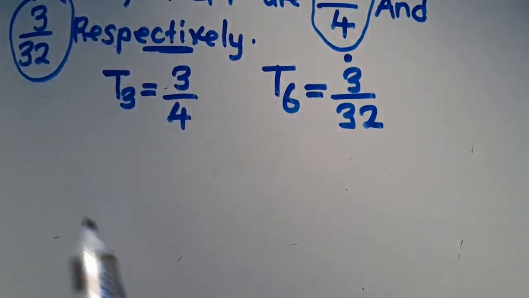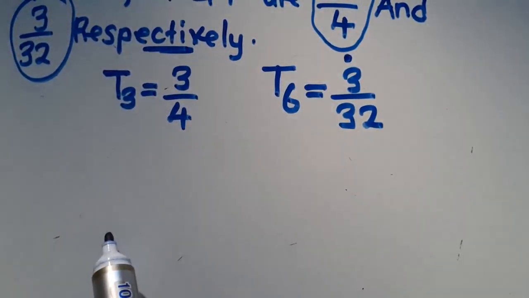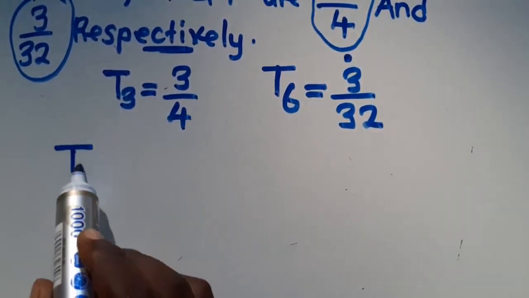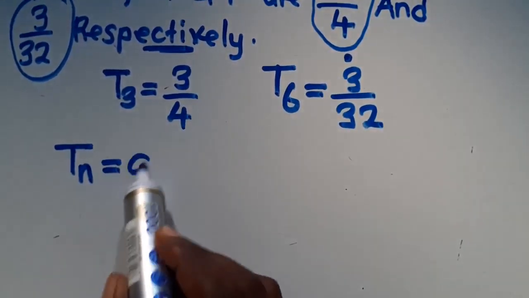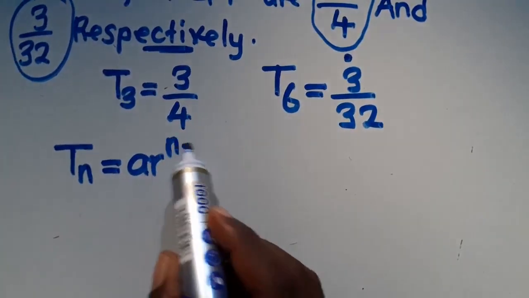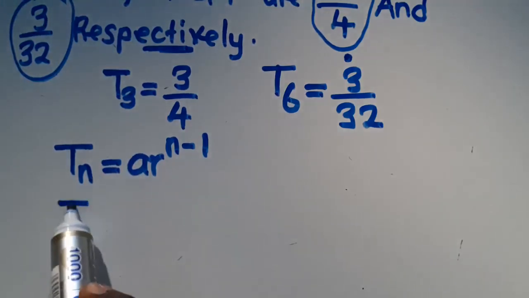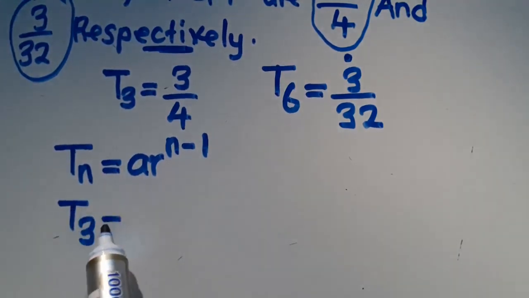Since in this question we are given terms, the third term and sixth term, you know that the formula for the nth term is Tn = ar^(n-1). You have been given the third term, so T3 = a r^(3-1).